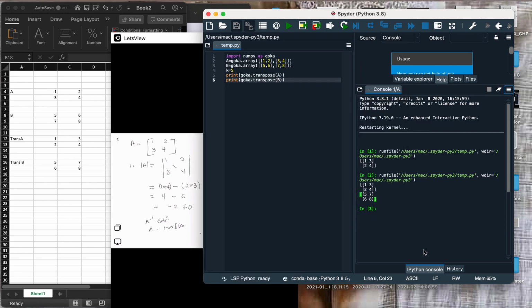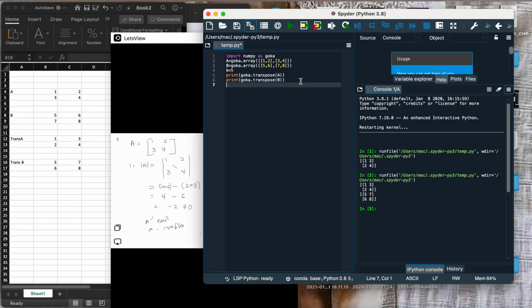Okay, now let's see if we can get the same thing in Python. All right, so we have our matrices. We have already input our matrices in our array in Python. So what we'll do next is find this inverse.